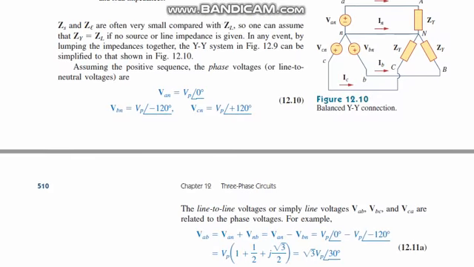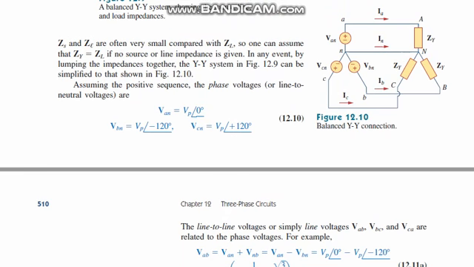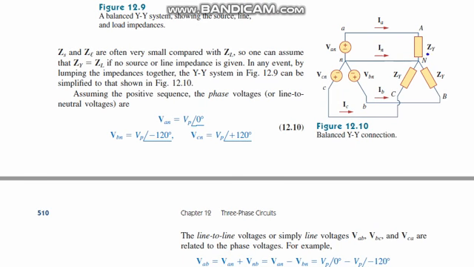As you can see here, for line current IA, there is only ZI and VAN, so VAN divided by ZI gives you IA. It is balanced, so there will be no neutral current; the neutral current will be 0 ampere. If any neutral current passes through, that will be an unbalanced load.